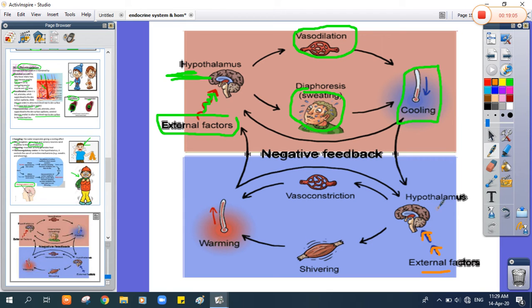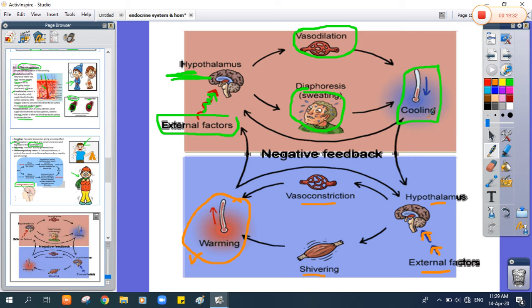To the hypothalamus. The hypothalamus sends an order to your body to do a vasoconstriction and to shiver. So your body temperature will increase, and you will feel warm here. So on a cold day, you will feel warm by doing vasoconstriction and by shivering.